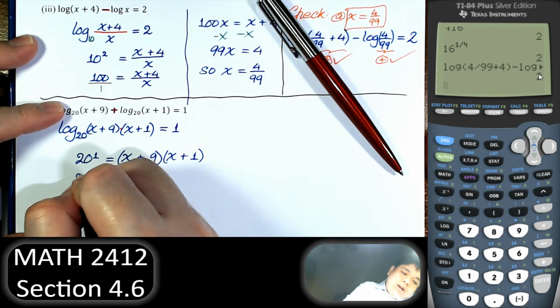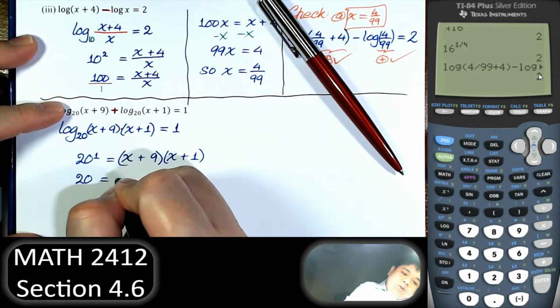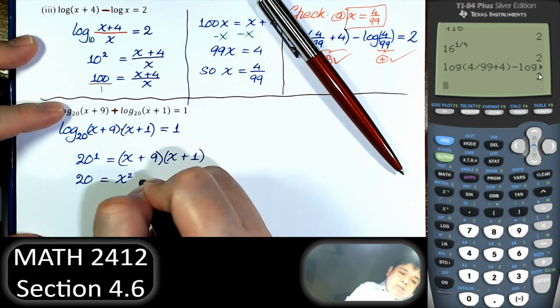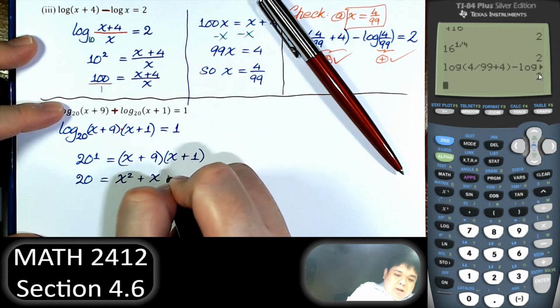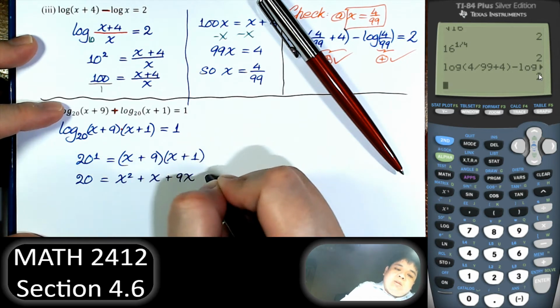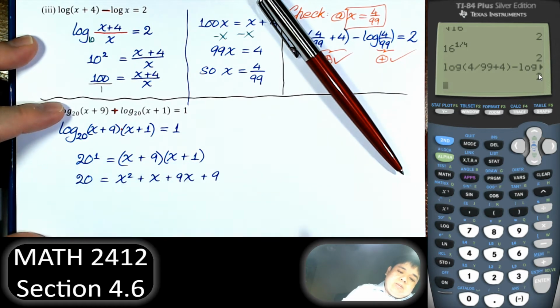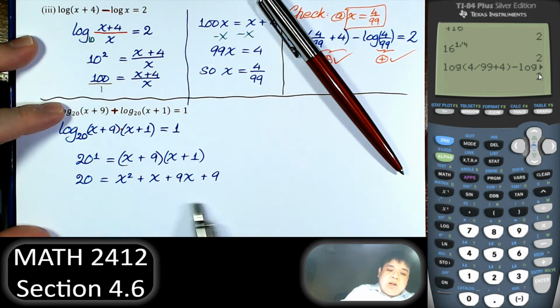Now multiply it out. x squared plus x plus 9x plus 9. Combine like terms, move the 20 over.